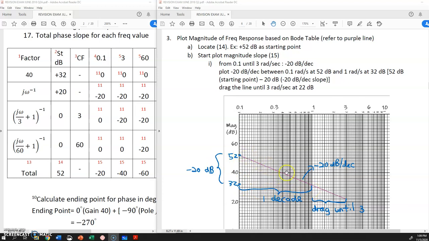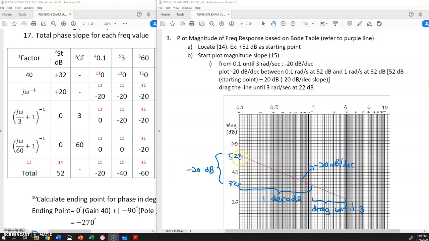From 0.1 until 1 is 1 decade. From 52 until 32, this is negative 20. Negative 20 means you need to go down to get a negative slope. If it is positive, you need to go up to get a positive slope. Since this is a negative slope, you need to go down. So this is 52 minus 20 dB, you have 32.